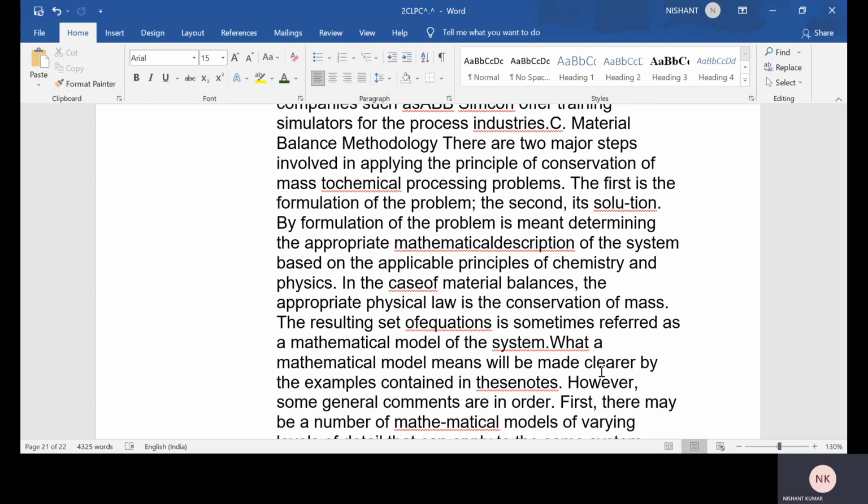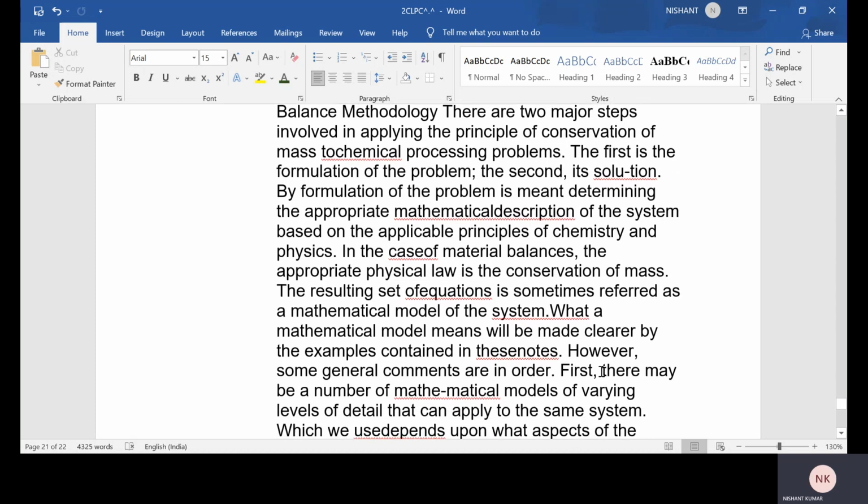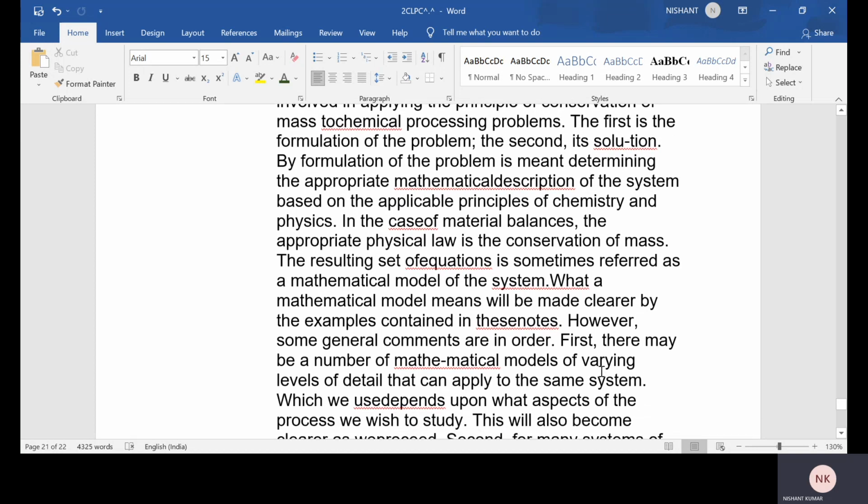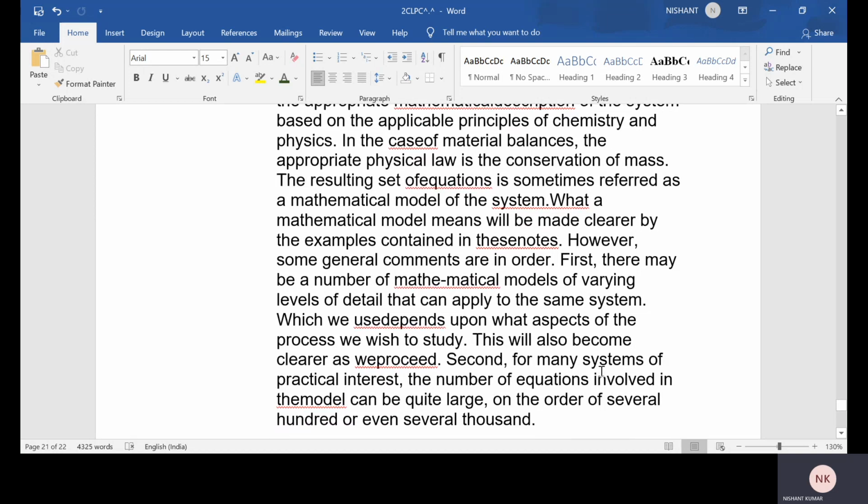In the case of material balance, the appropriate physical law is conservation of mass. The resulting set of equations is sometimes referred to as a mathematical model of the system. What a mathematical model means will be made clear by the examples contained in these notes. However, some general comments are in order.